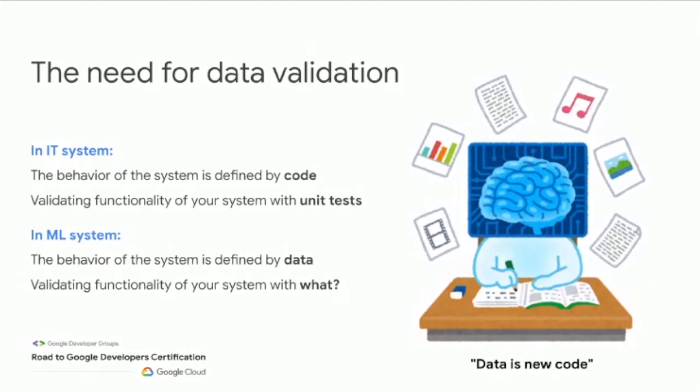And we can validate how the system functions using unit tests and a bunch of different tests, depending on what you're writing. So if we're writing good tests, we can be sure beforehand that the system is going to work as expected.